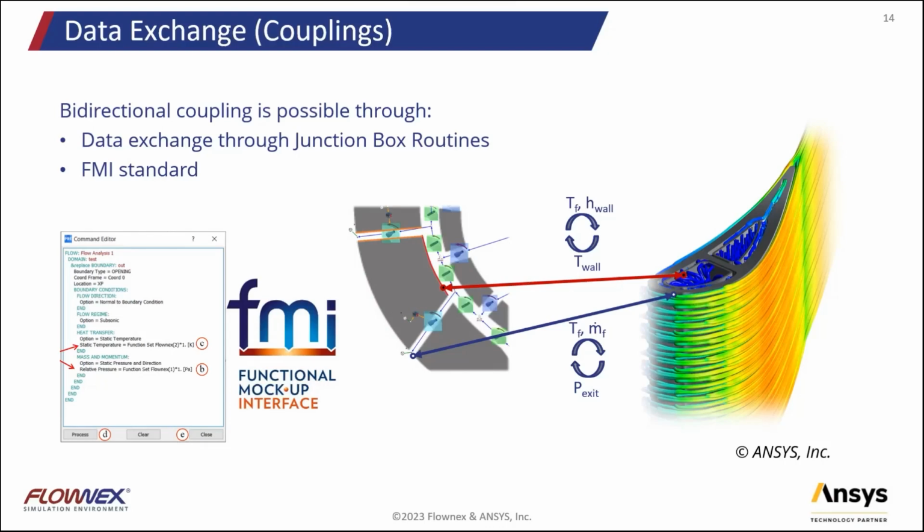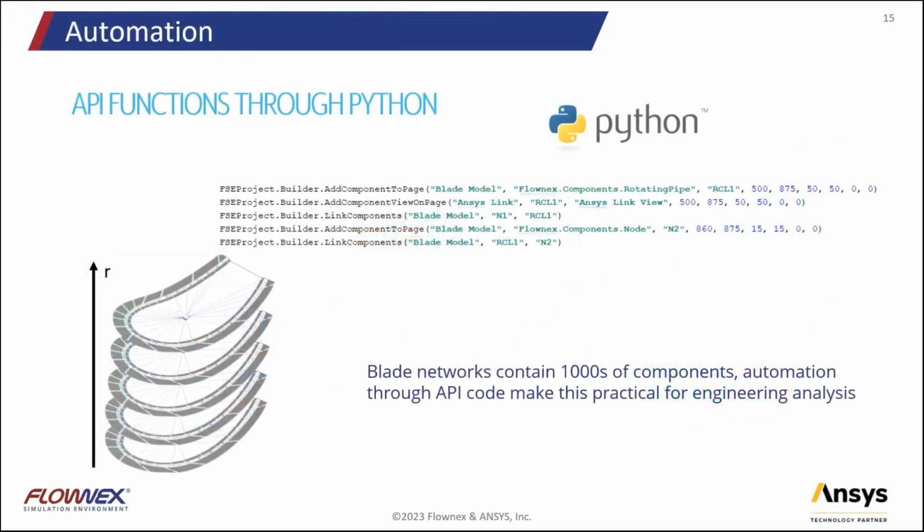The data exchange through this is possible through two different techniques with the current implementation in Flownex and CFX. We have either the option to use traditional data exchange through junction box routines, or more recently, we also have the ability to exchange data using the standards set up through the FMI standard.